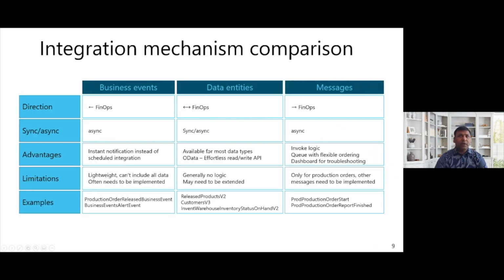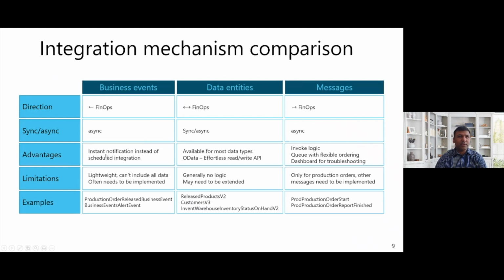So if we compare these mechanisms, business events are basically an event triggering something outside of FNO. So it's mostly going out of FNO. It's mostly asynchronous. It's an instant notification. We don't have to wait for a scheduled integration to run.